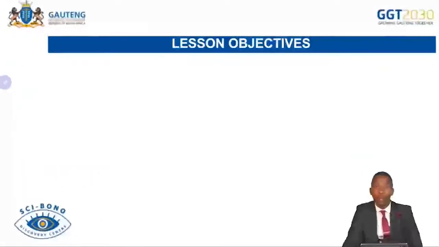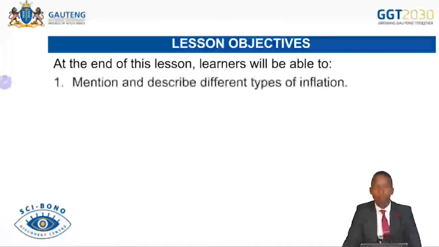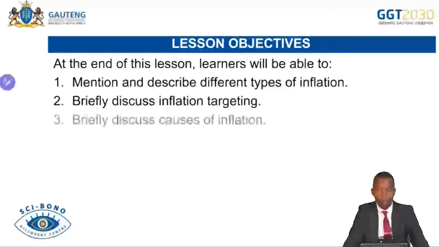The following are the lesson objectives or outcomes that will be achieved during the course of this lesson. At the end of this lesson, you will be able to mention and describe different types of inflation. You will be able to briefly discuss inflation targeting in South Africa, and the causes of inflation.